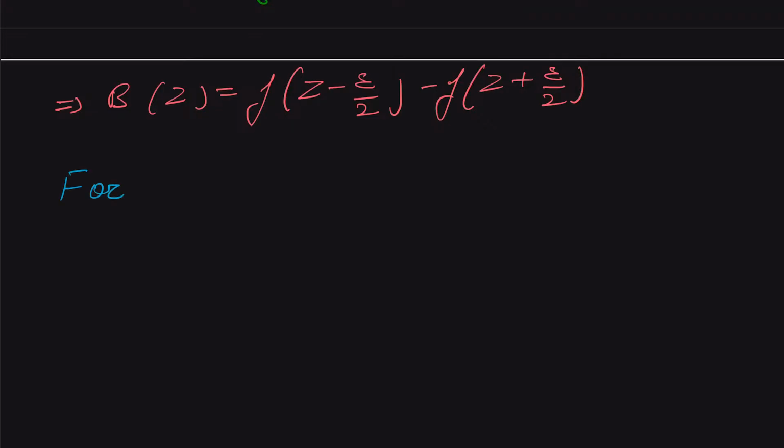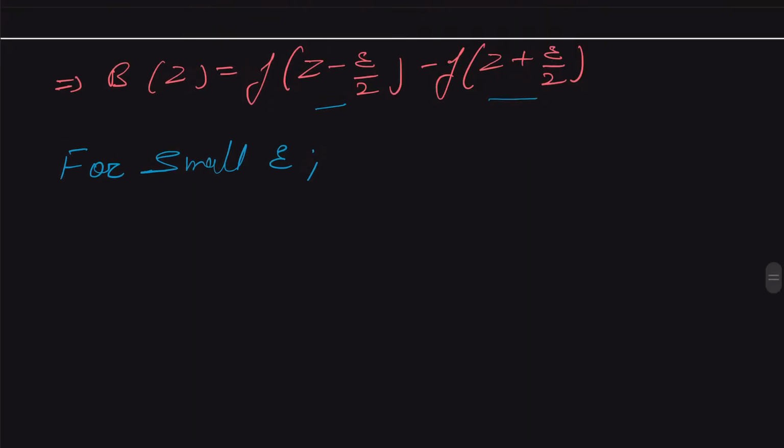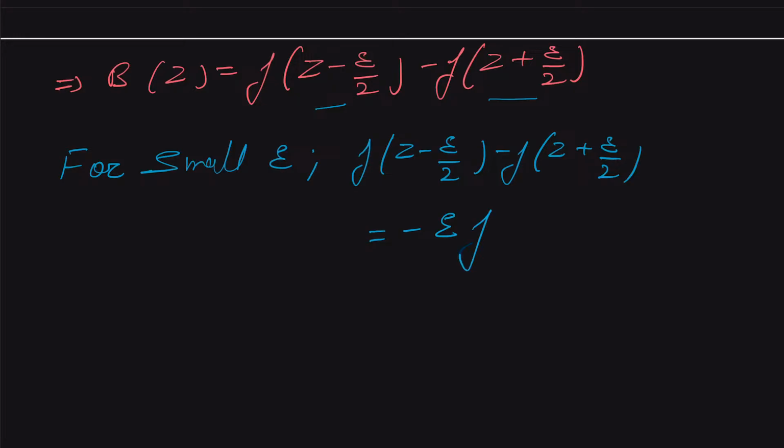So for small epsilon, the difference between these two values, in the first order of epsilon, will be equal to minus epsilon times its first derivative, plus higher order terms in epsilon.